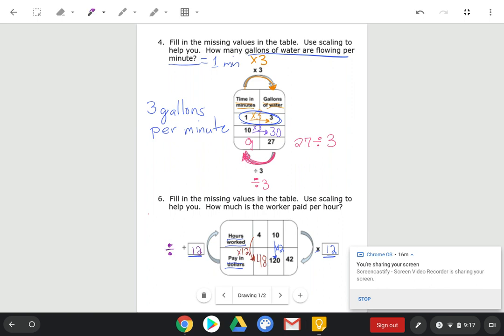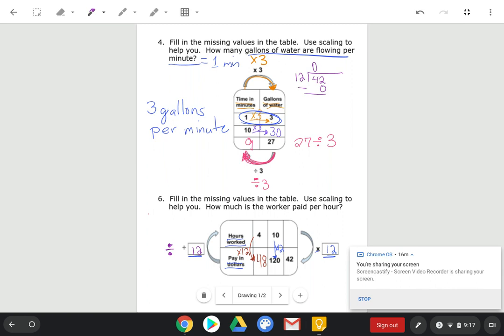We've actually got to figure out what is 42 divided by 12. So I'm going to do some division up here. I'm going to put 42 here and then the 12. 12 goes into the 4 0 times, putting a 0 above the 4. 0 times 12 is 0.